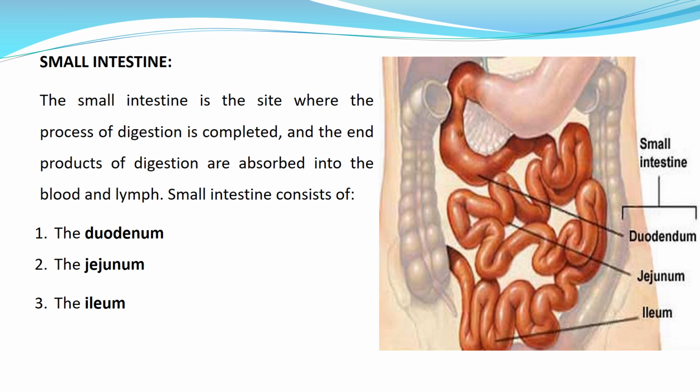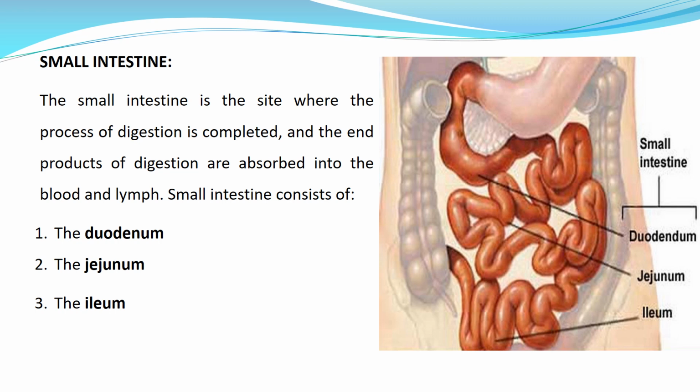But you know the small intestine is made of three main segments. The first one is called the duodenum, the first part of the small intestine.